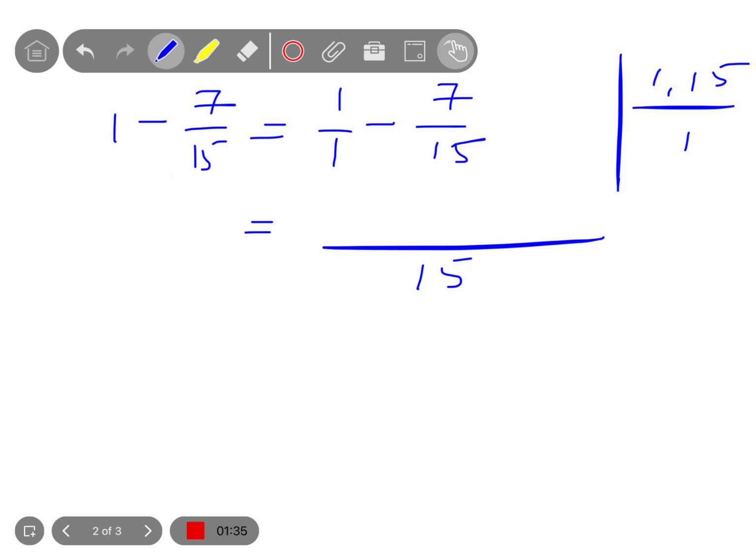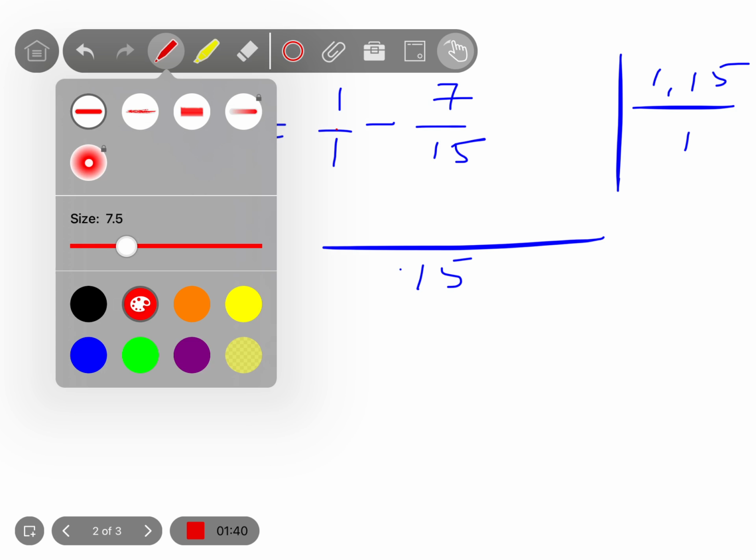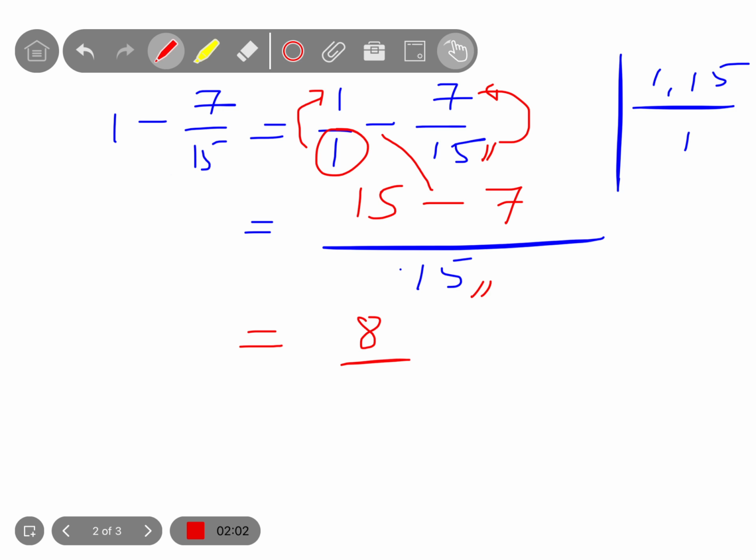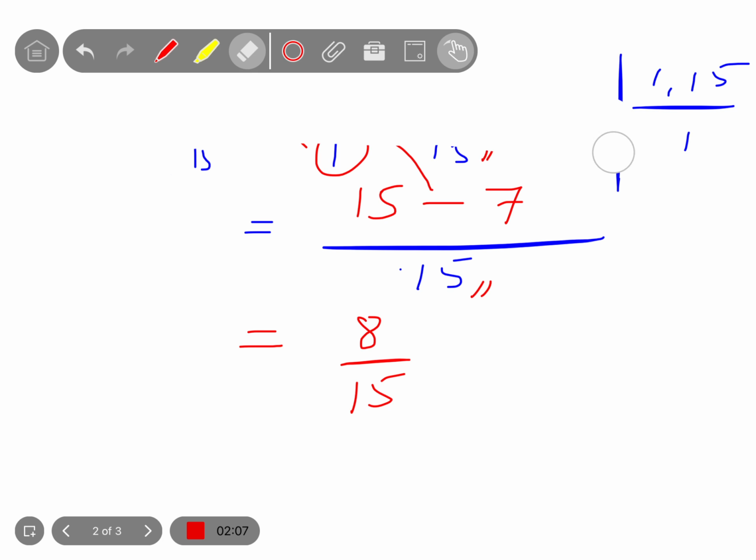So you divide 15 by this number and multiply it by this number, that results in 15. Then minus, you bring this here. You divide 15 by this 15, that's 1, and then you multiply that value by this number, so 1 times 7 is 7. So what's the value of 15 minus 7? It's 8, so 8/15. That's how you do fractional calculations.